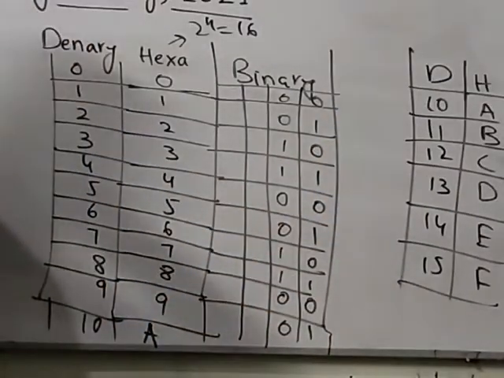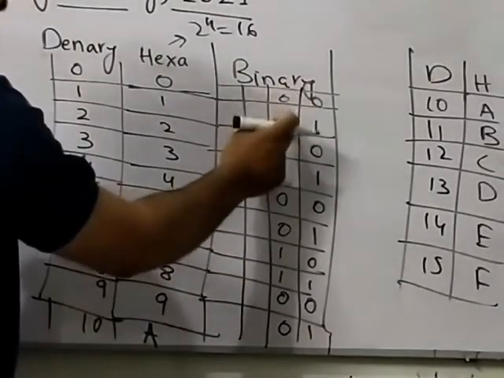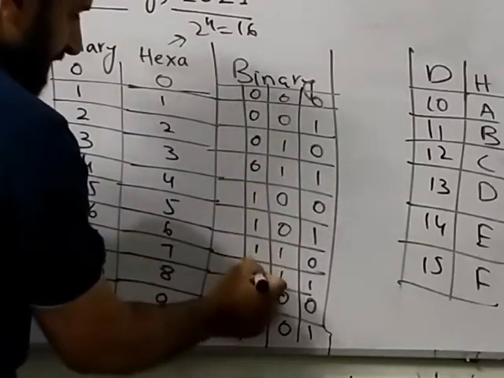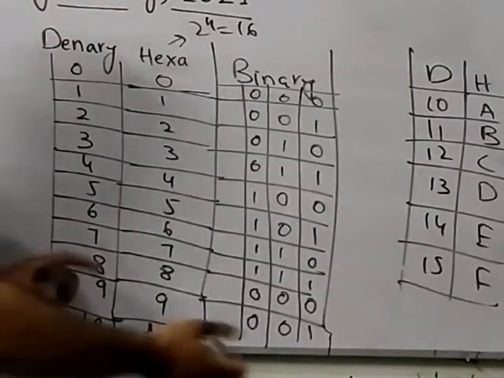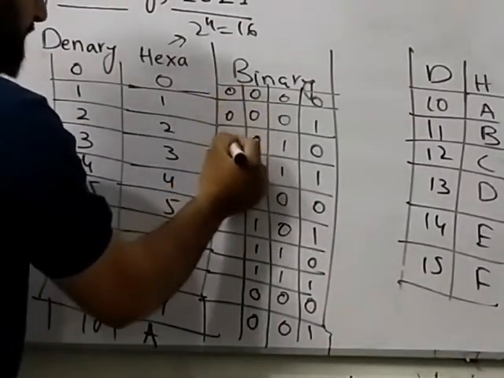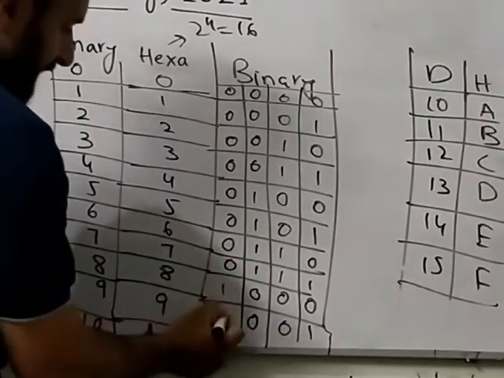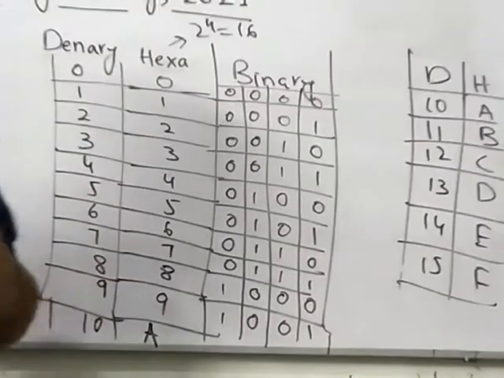You need to create that in your notebook. After that we have four 0s, four 1s, then again four 0s, four 1s till here. Now eight 0s, and eight 1s, so till 15 we will write 8 values.